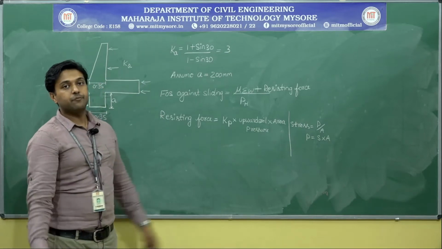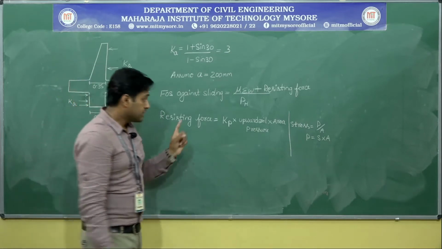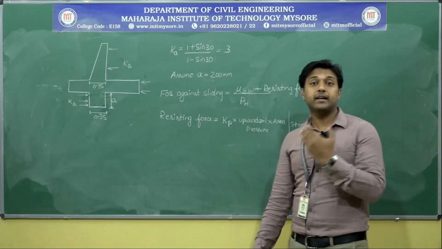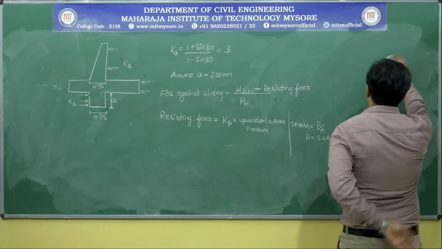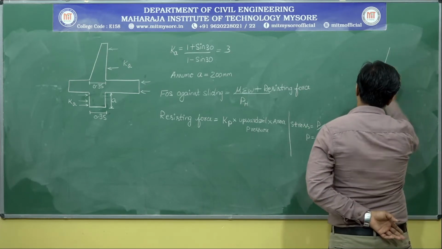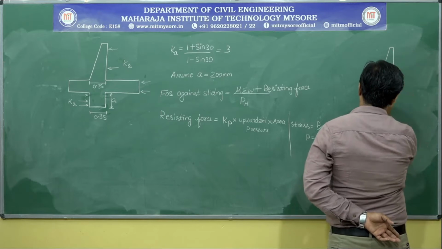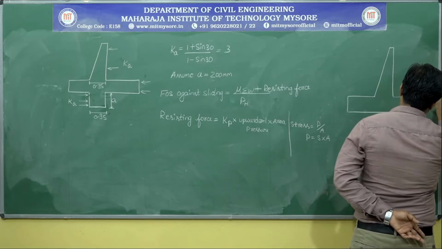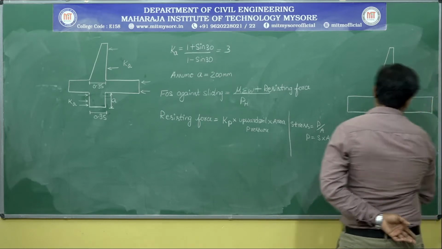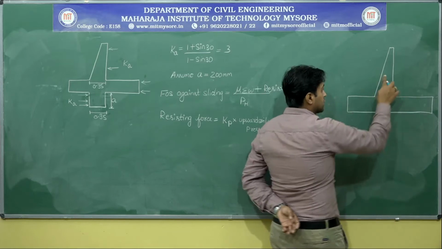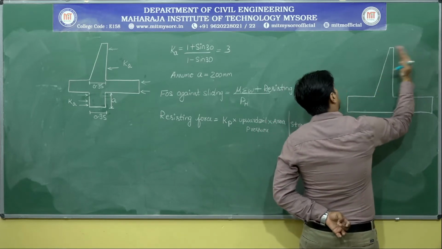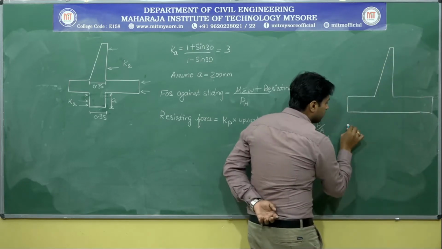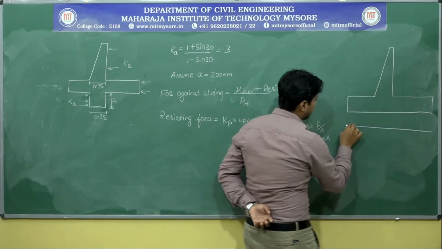Now what is this upward soil pressure? For that, we have done the check for soil earth pressure. While doing the check for soil earth pressure, I will be drawing a diagram over here. Observe, whenever you apply the load, this tries to overturn. So, usually the soil pressure distribution will be like this.